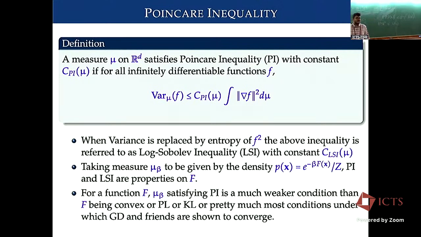So this is the gradient dominance condition, PL. KL is a more fancy version where you have a polynomial on the right. Sorry? The inequality is the other way. Sorry, yes. Thank you.